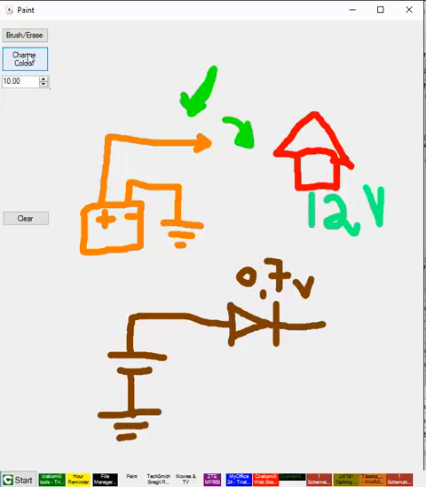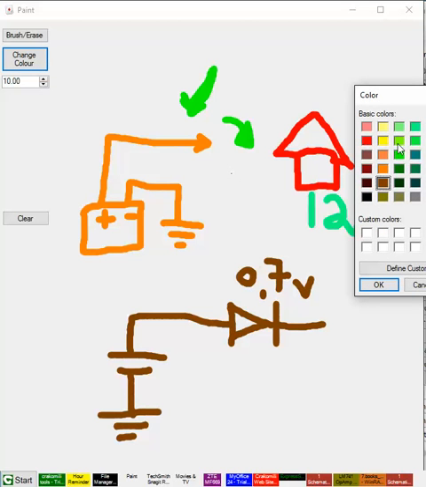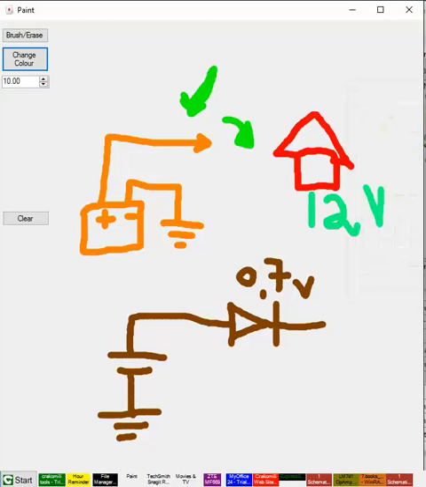The left side is higher than the right side of the diode by about 0.7 volt. There are Schottky diodes, there are other characteristics of diodes. I'm not going to get into that. This voltage is a little less.